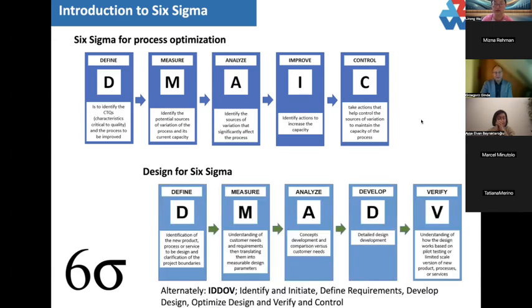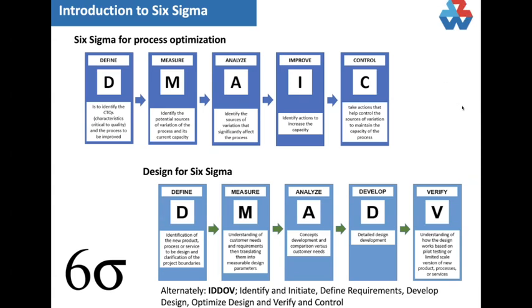But in fact, Six Sigma evolved into being applied for designing new processes. So instead of the DMAIC cycle, there is a new kind of cycle called DMADV, which is aimed at designing new processes with quality in mind.